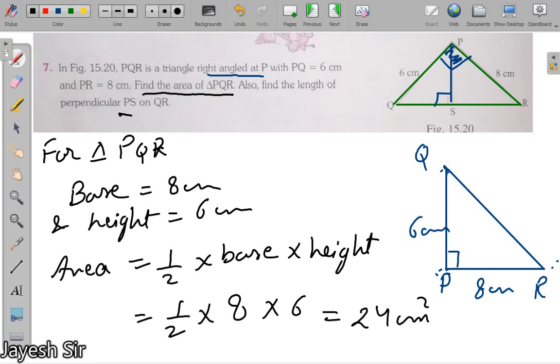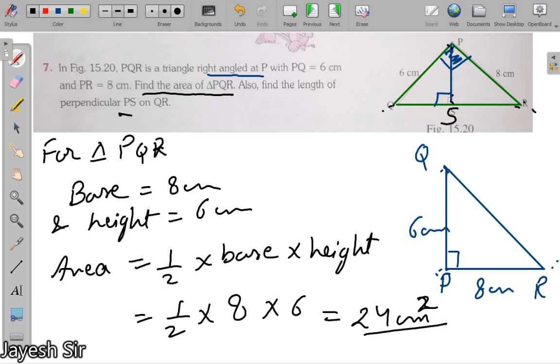What I am trying to say is, the area of any triangle can be found by taking any side as the base, provided that the perpendicular you draw makes 90 degree on that side. So using the same concept, if we take QR as the base, in that case PS is perpendicular and area of triangle will be 24 centimeter square.